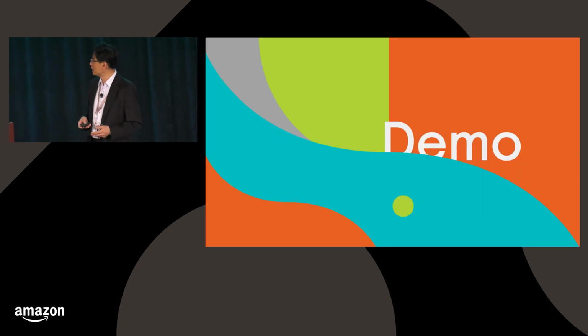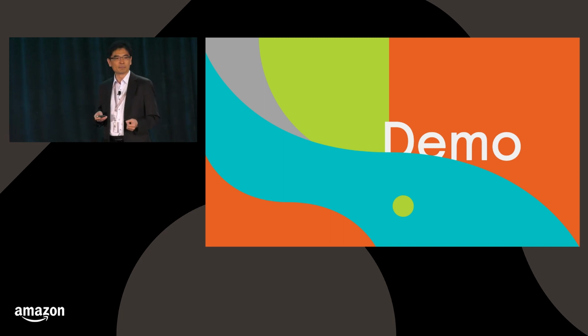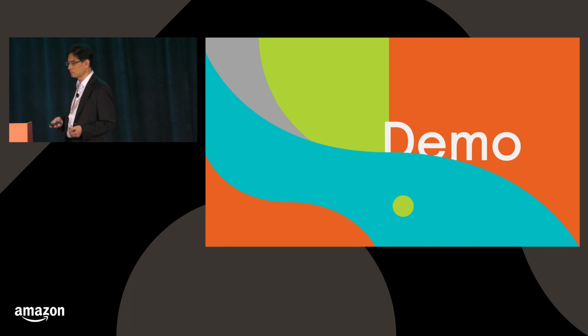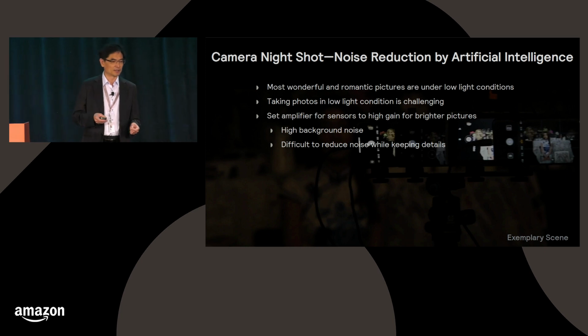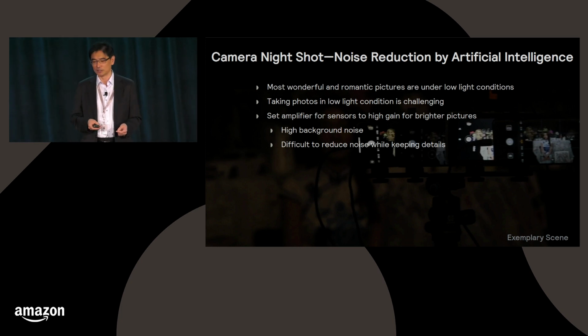Next, I will show the practical applications built on top of MediaTek Helio P90. The first demo is to use AI to reduce the noise of the camera, especially in low light conditions.